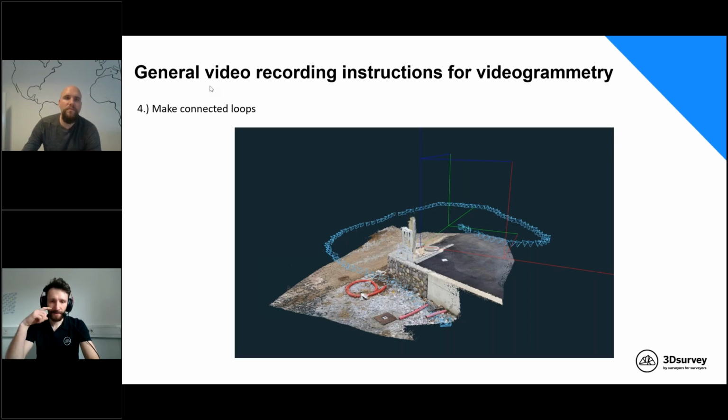And as I mentioned, it's best that you do connected loops. If you, for example, do a snake like here, that isn't the best practice because you may get some discrepancies in height if you don't close your loops. So when you're going around, try to go one way and then slowly turn around and go back the other way.